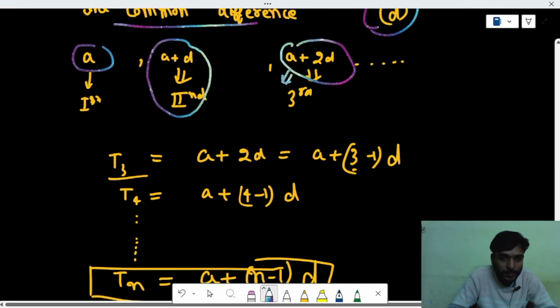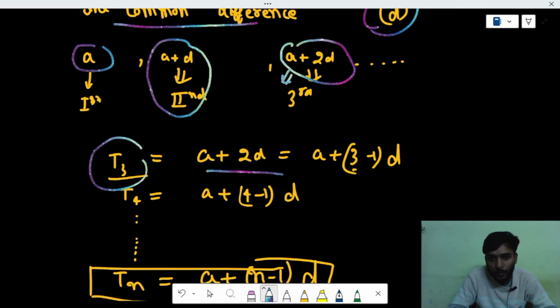Similarly T4, T5. We can see that T3 equals a plus 2d. We can write this as a plus (3 minus 1) into d, and this is the third term.